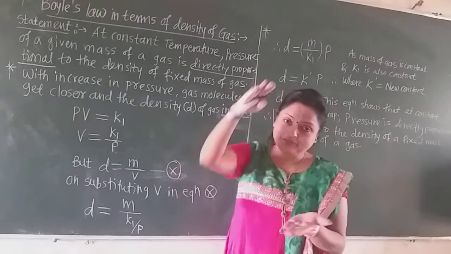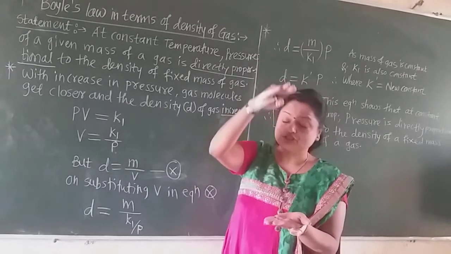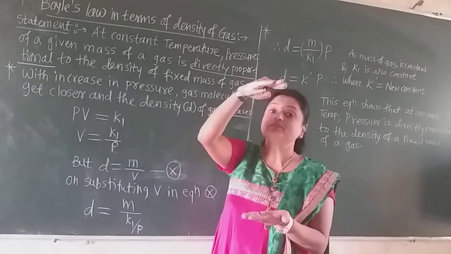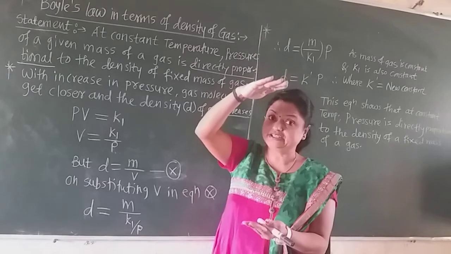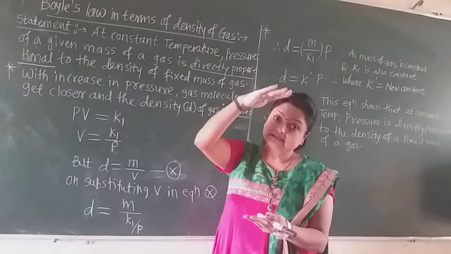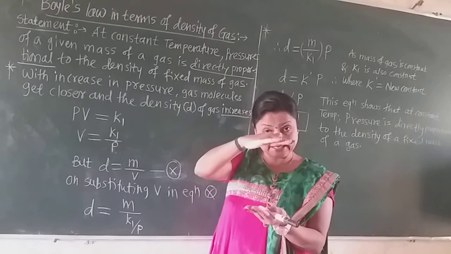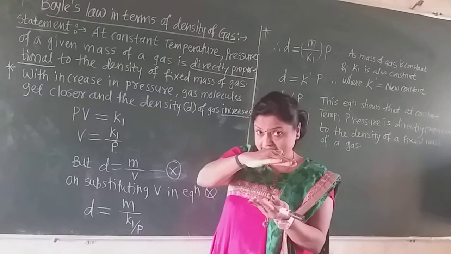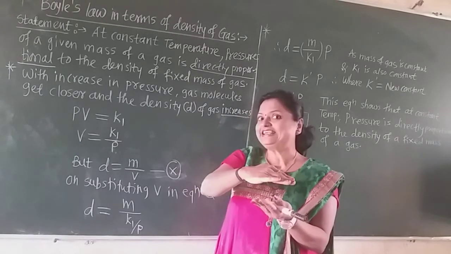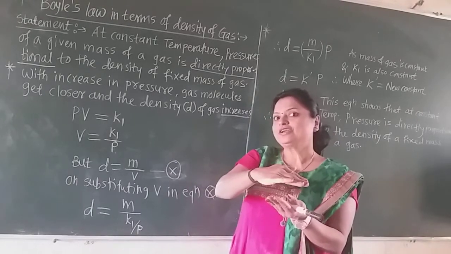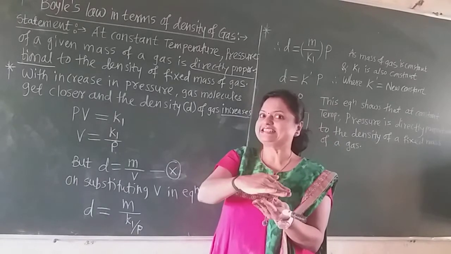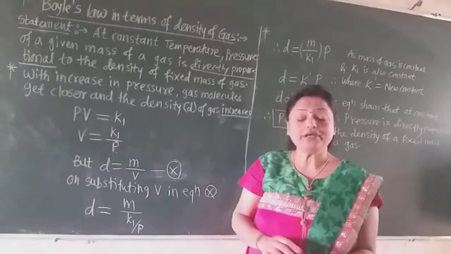By increasing the pressure, what happens? Suppose there is gas in a cylinder and we apply pressure with the piston on it. Then the gas molecules come closer and closer. Though the volume decreases, the density of the given gas increases. Now how is it proved?